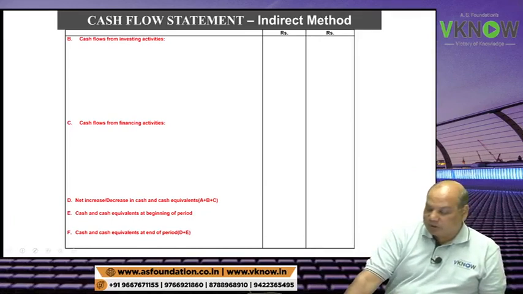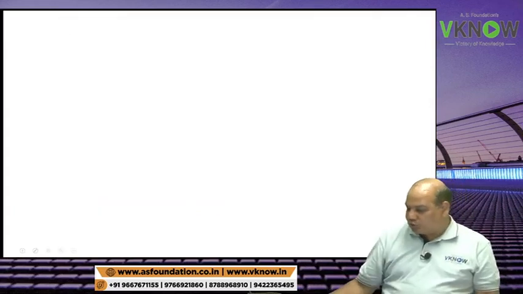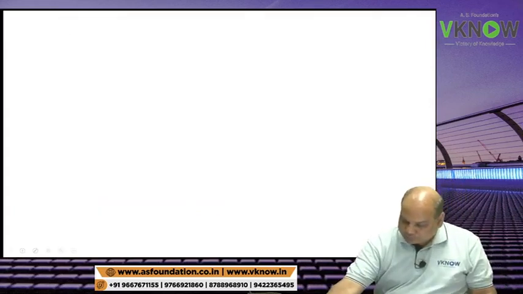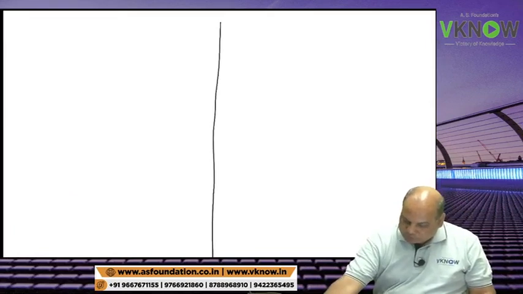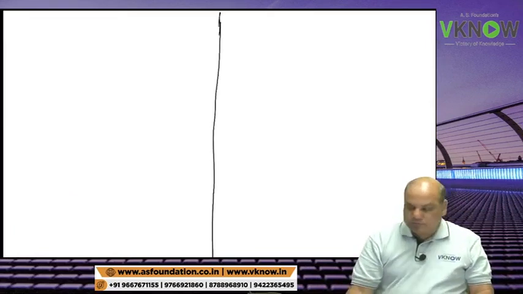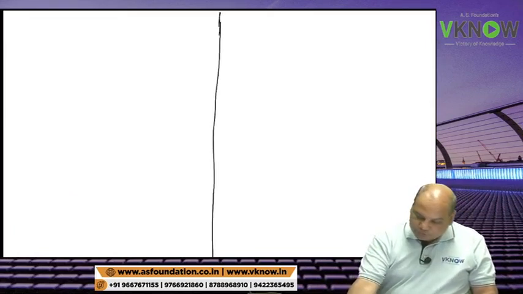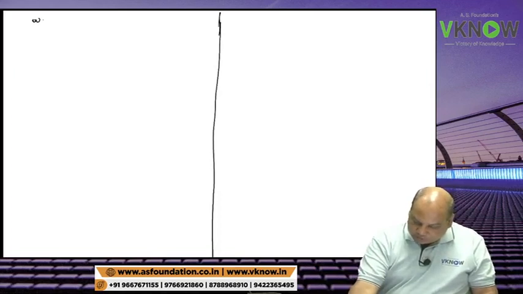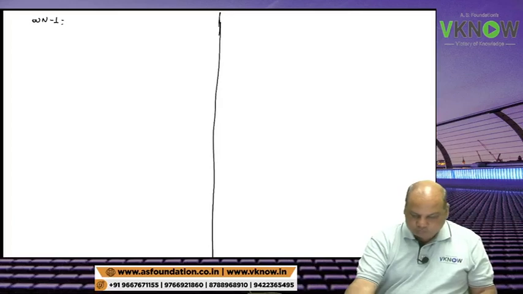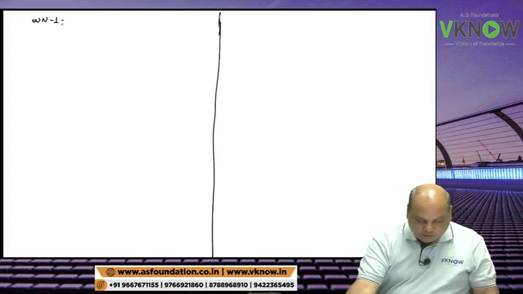This is the format. In order to solve the question nicely, we'll prepare working notes also. So write down below the table working note 1. Start from the asset side, we will require one land and building account.